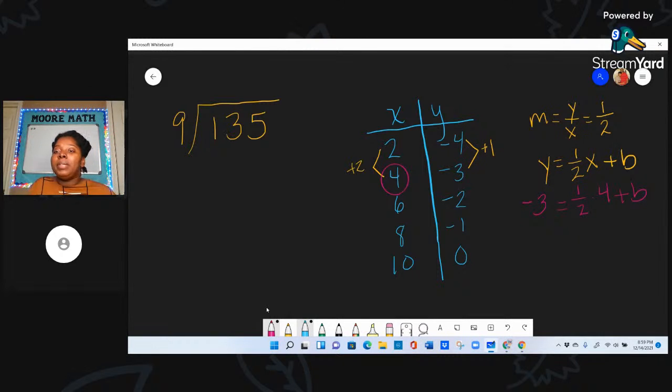So now tell me what's half of 4. 2. Good. All right. I have 2 plus B equals -3. Solve for B. You subtract 2. Good.